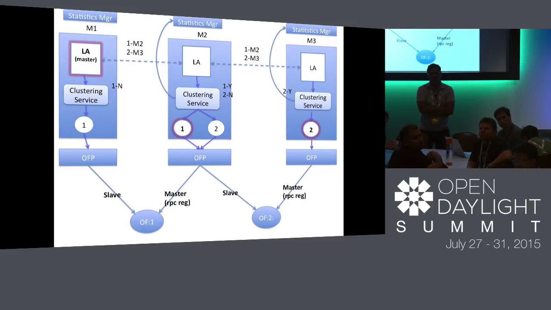Maybe we can nominate one of the nodes as the master for the reverse communication from the switch. Okay, so you're saying that anybody can write to the switch, but just one of them will receive the actual notification from the switch. Exactly. So it makes it a little bit simpler.